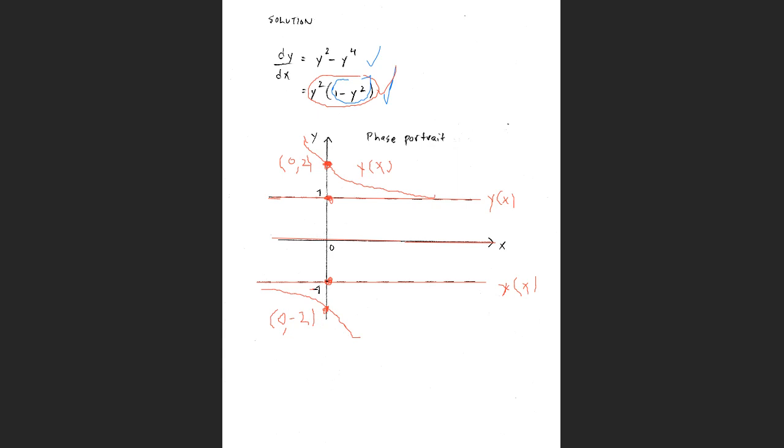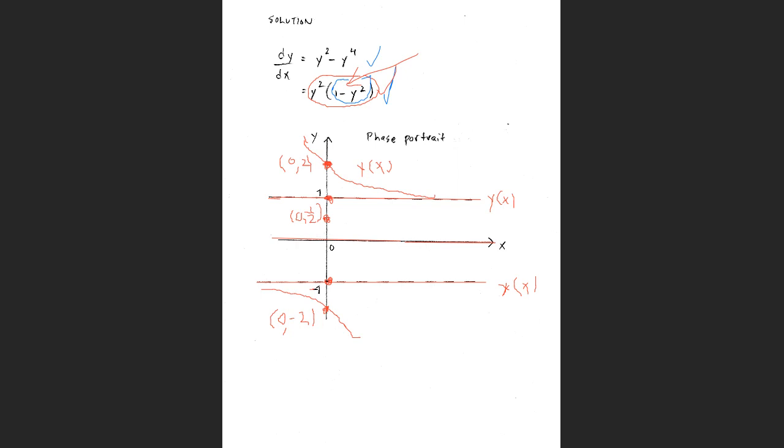What if your initial condition, what if y of 0 was equal to a half? Okay, so let's say we want to know what the solution looks like that passes through 0 and a half. That's right, Matthew. It would have to be increasing. Just take a half and substitute it into the differential equation.